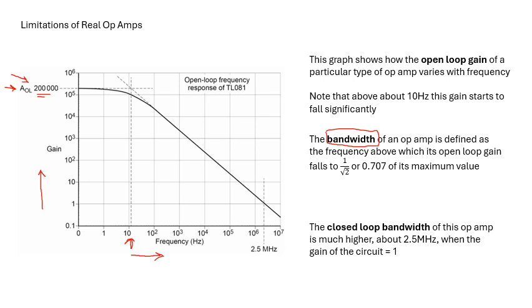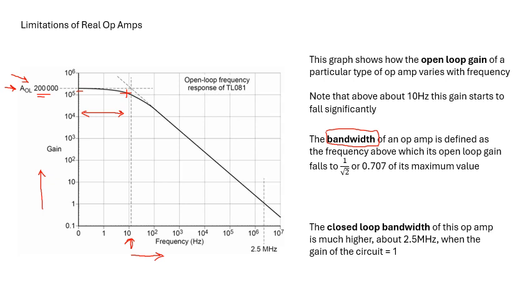On a logarithmic scale, it's only about there. So the bandwidth of my op amp is that frequency there. The bandwidth of an op amp is defined as the frequency above which its open loop gain falls to 1 over root 2 of its maximum value, which is about 10 hertz.